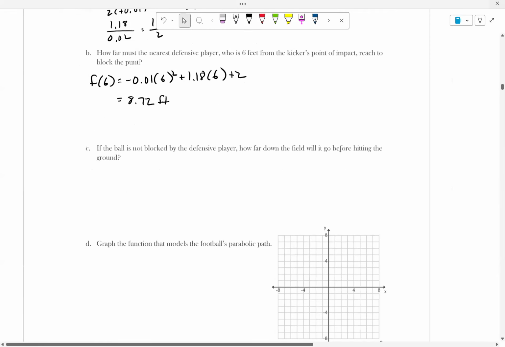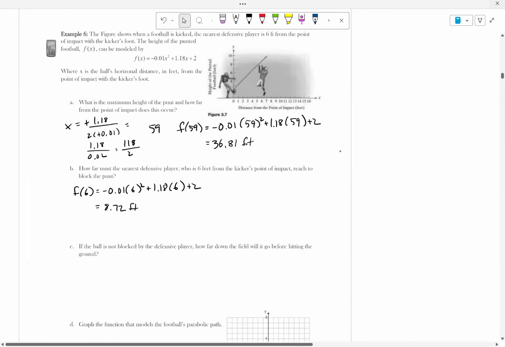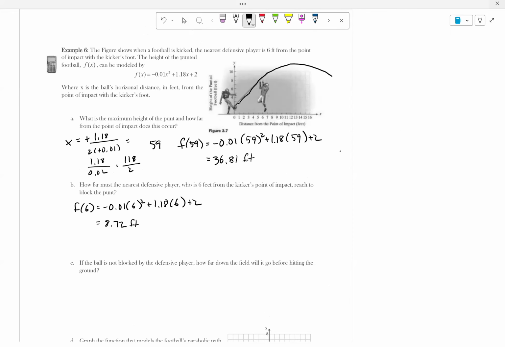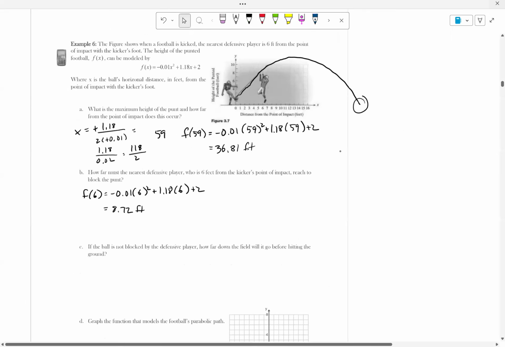Next, if the ball is not blocked by the defensive player, how far down the field will it go before hitting the ground? Okay, so what we're saying is, he misses it. It's the ground. So we're looking for this point right there. Specifically, it's asking how far down the field will it go? That means we're looking for the x value.